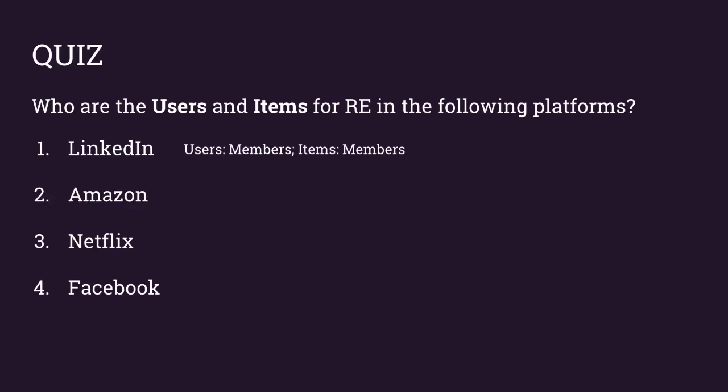So Santosh says users are the members and items are the products, right? Yes, that's correct. So items are the products, for example, books, electronics. For Netflix, I think you already saw this, but still go ahead and let me know. Who are the users and what are the items that they are trying to recommend?